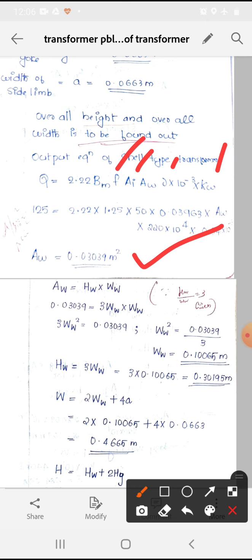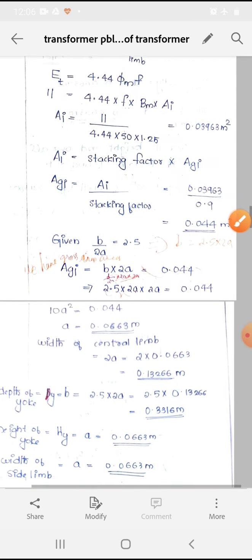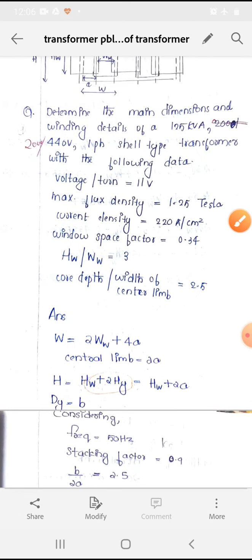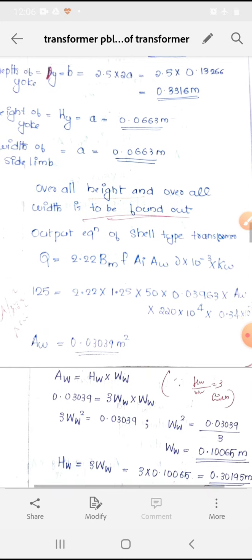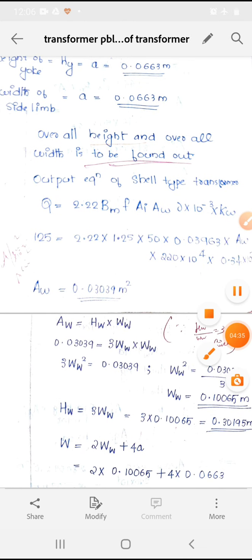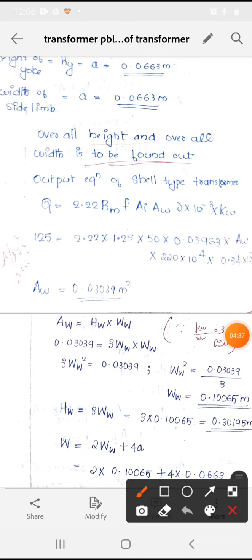We knew that Aw is equal to Hw into Ww. And we will substitute the value of Aw, and also we know the Hw by Ww is equal to 3. In the front of the question it is given as Hw by Ww is equal to 3. So we substitute that here. Now we get the value of Ww, and Hw is equal to 3Ww.